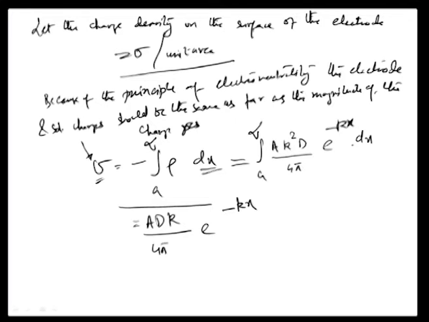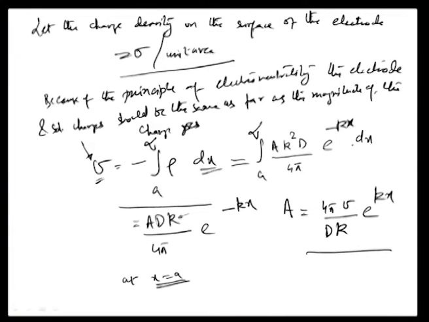The 1 by k term goes here, and therefore, a can further be expressed as 4 pi sigma divided by dk e to the power of kx positive at x equal to a, which means the start of the dual layer. This value would be 4 pi sigma by dk e to the power of k a.